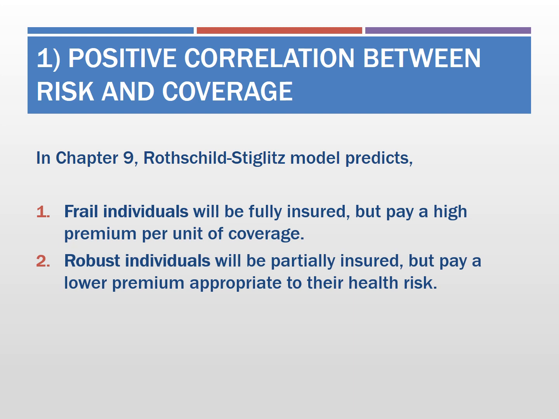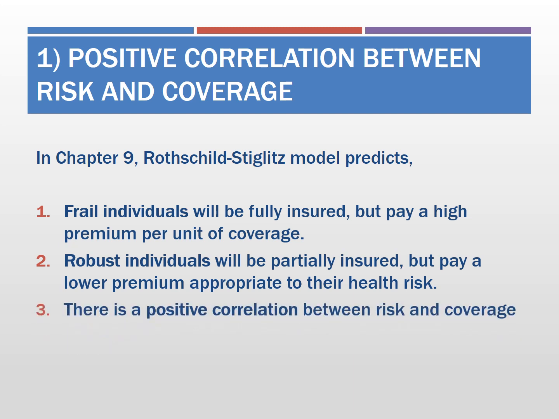Instead, because they know that they have very low risk of getting sick or getting into trouble with healthcare services, they would like to pay a lower premium, because they know the money they pay is not going to be used since they won't get sick very soon. So this basically explains why in the health insurance market, we always see this positive correlation between risk and coverage.